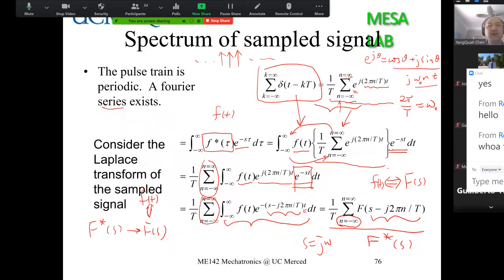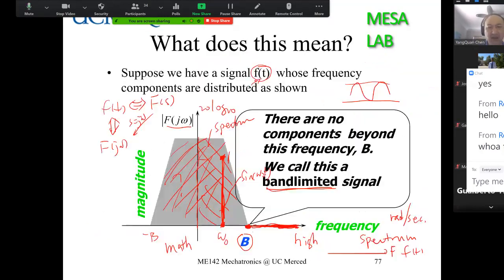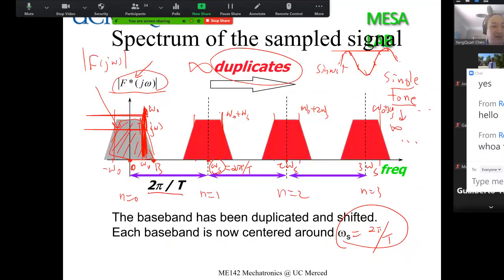If you are not feeling comfortable about this step, you don't need to worry, but understand that it has a math interpretation. This is just a graphical representation for you. All right, we stop here. Next, we are going to start with the sampling theorem and the aliasing and anti-aliasing problems.